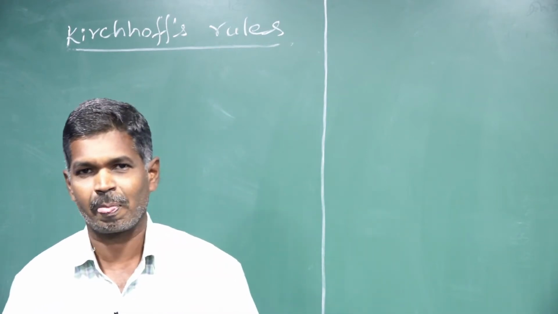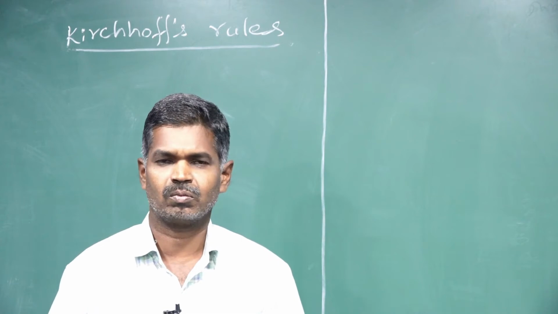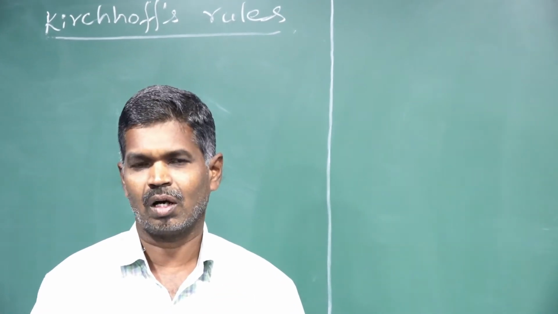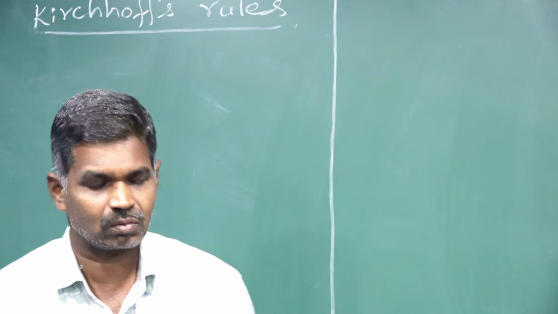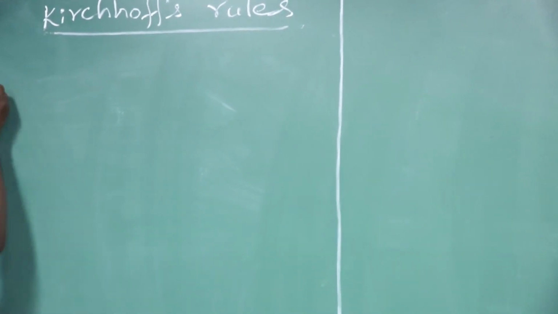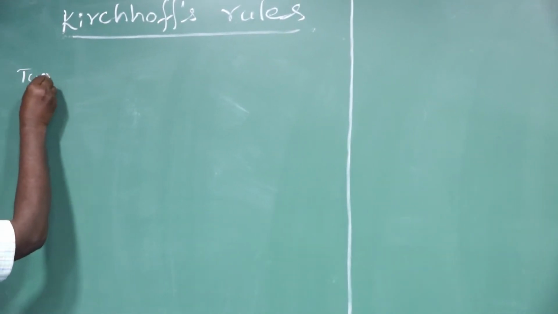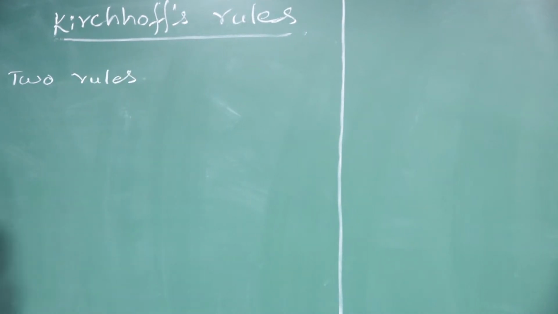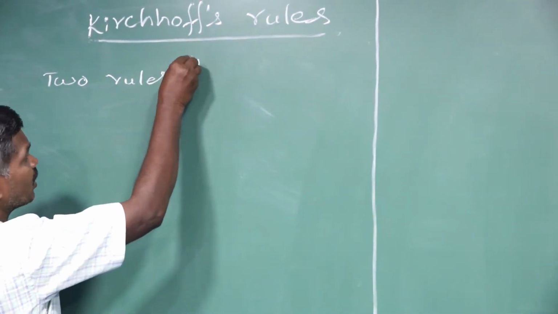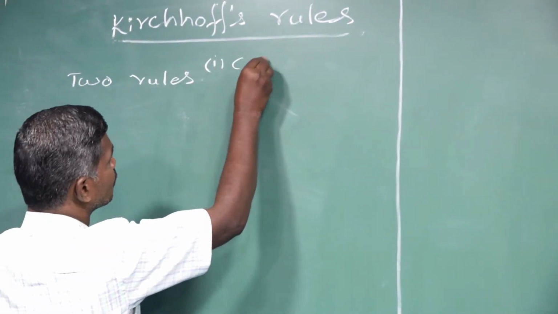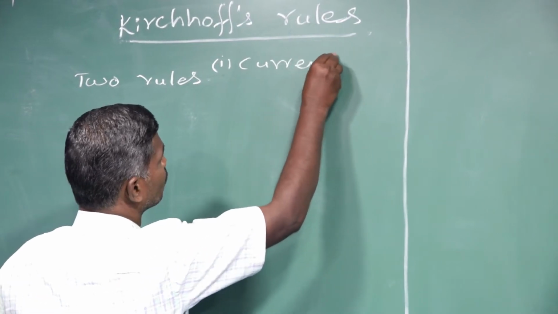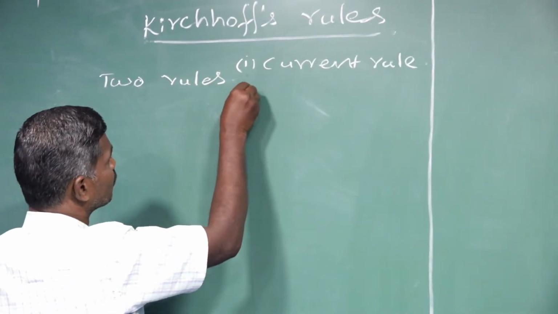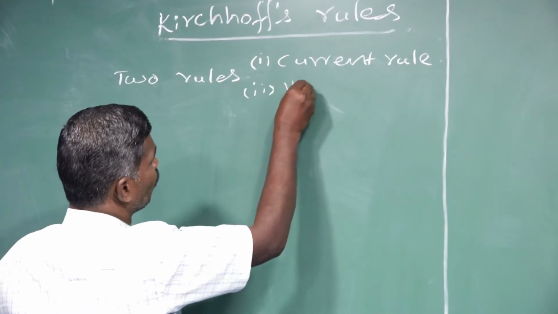We have two laws: the current rule and the voltage rule. One is the current rule, and the second one is the voltage rule.